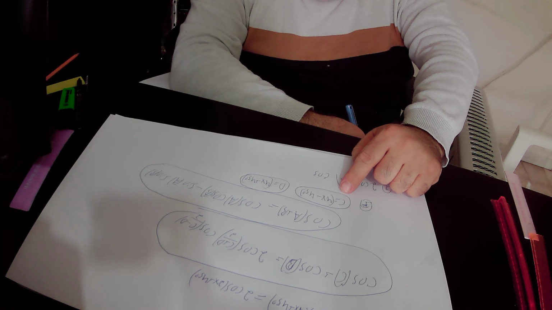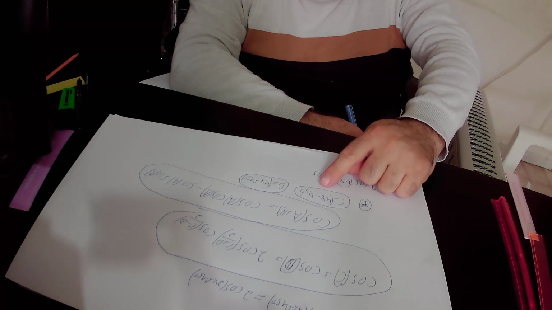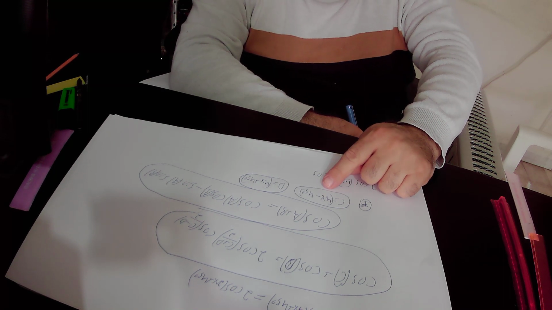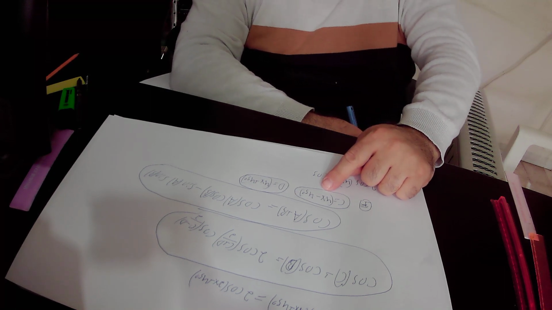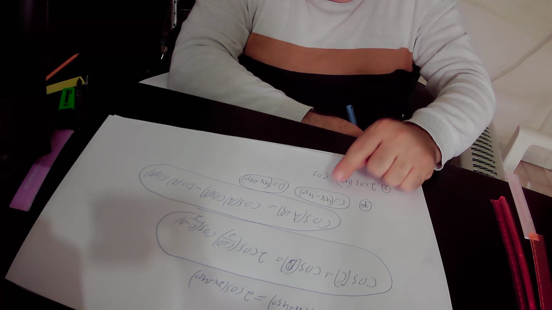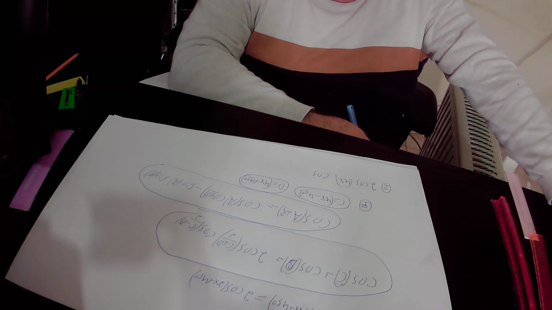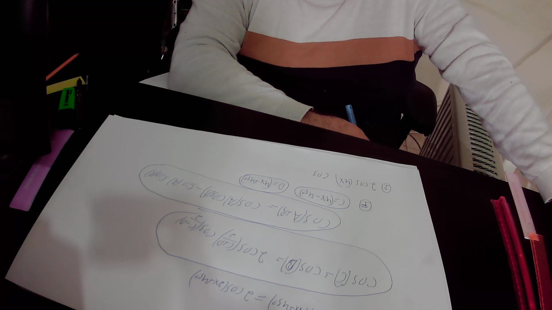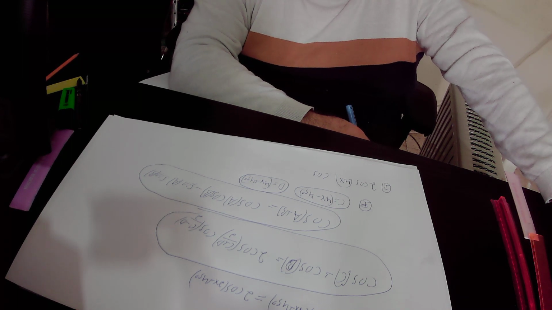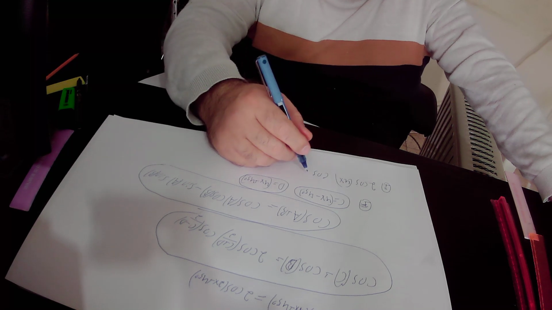So C minus D is 4x minus 4x, which is 0, and minus 45 degrees minus 45 degrees is minus 90 degrees, and minus 90 degrees over 2 is minus 45 degrees. But according to the identity that cosine of minus x equals cosine x, cosine of minus 45 degrees equals cosine 45 degrees.